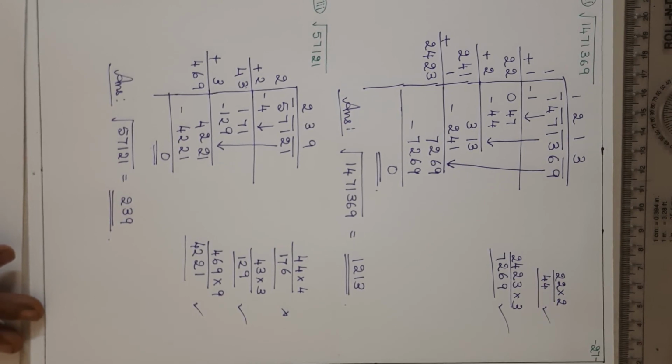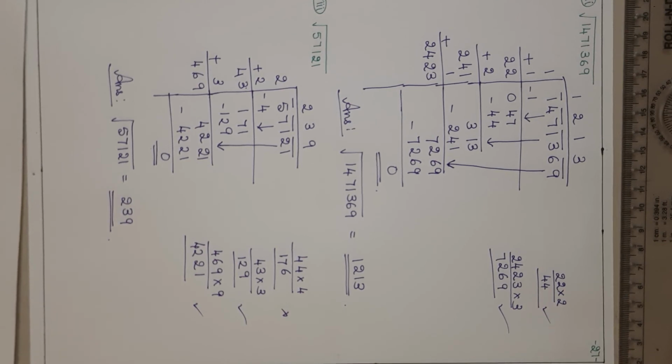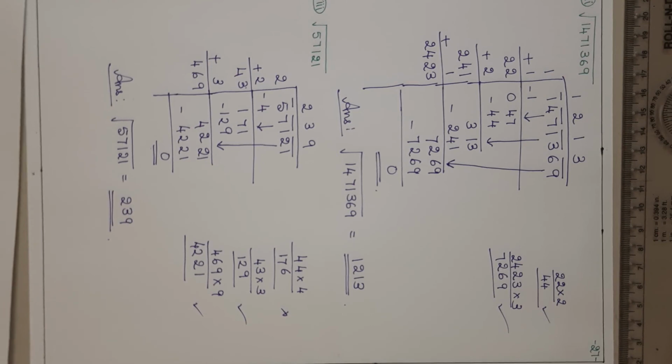Please be confident, take care in each and every step. Already we have discussed which digit has to be put, everything I have taught you. Please practice these sums 2 or 3 times. Okay then, bye. Thank you.